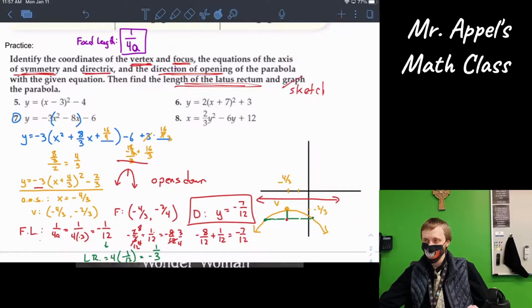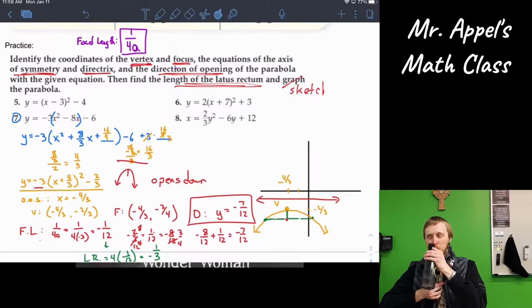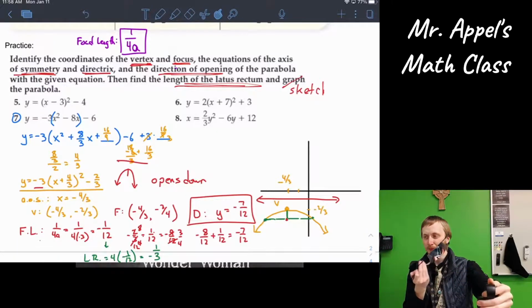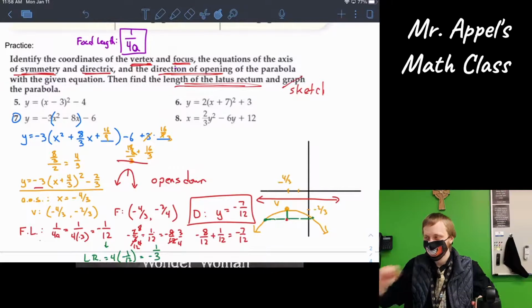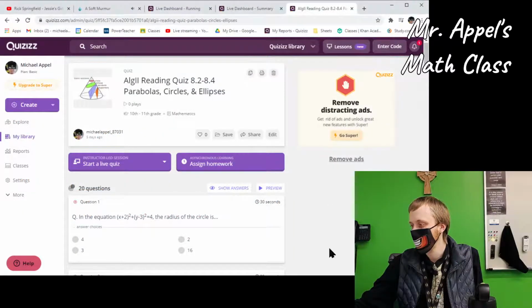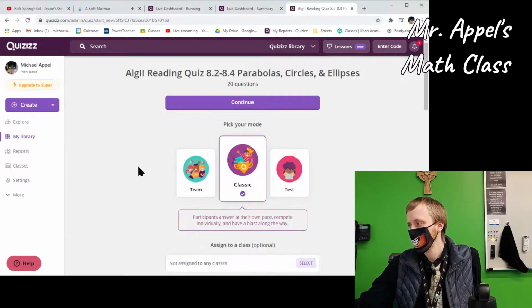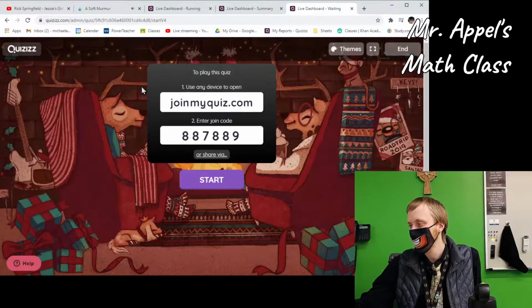You ready for the quiz now? Maybe. Maybe? All right, let's say yes. It's a quiz. You can retake it as many times as you need. The retake code will be up after school and available for the rest of the week. So remember, this covers all 3 sections that you read about.